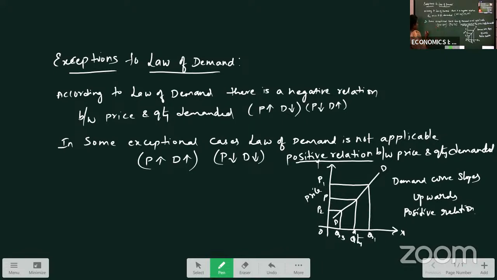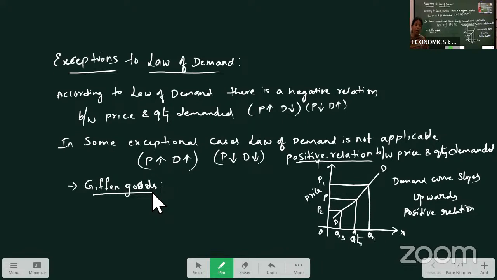So the first case is Giffen goods. Why do we call them Giffen goods? Because this concept was explained by Sir Robert Giffen. He observed in Britain that some workers were consuming bread and meat. Bread is low priced, meat is high priced.